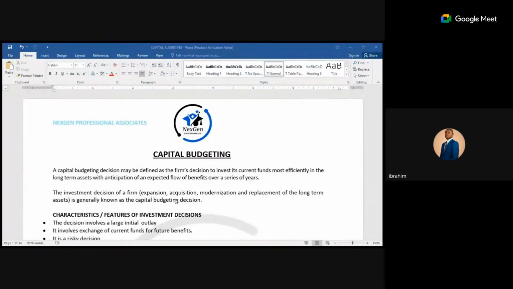Now, either you call it capital budgeting or you call it investment appraisal, well, it is still budgeting. It is still capital in nature, right?